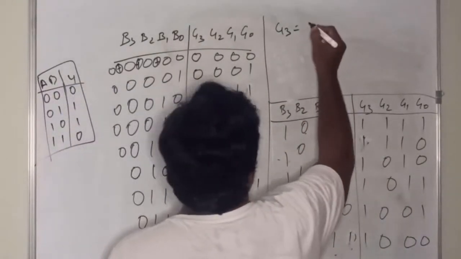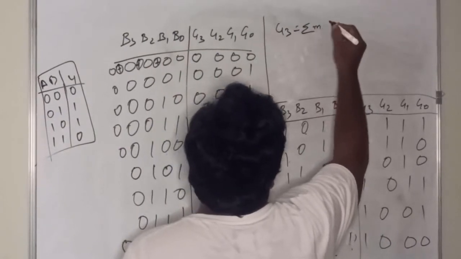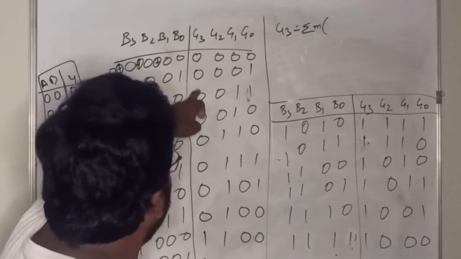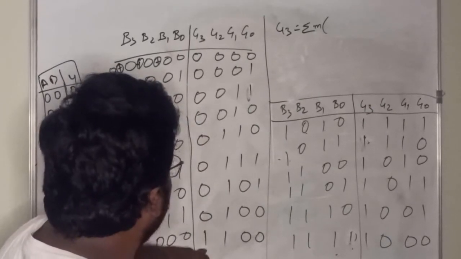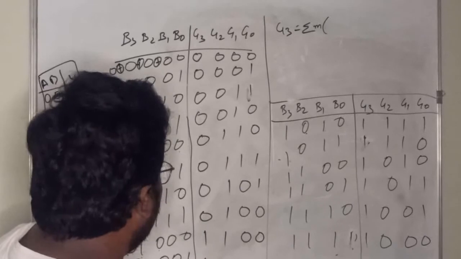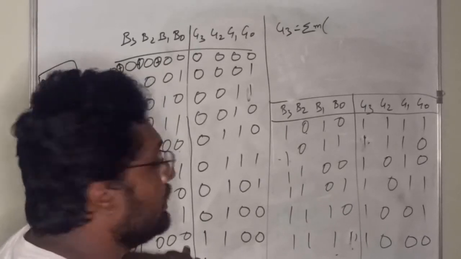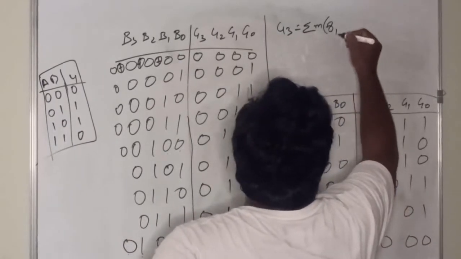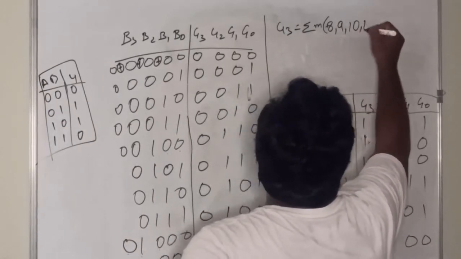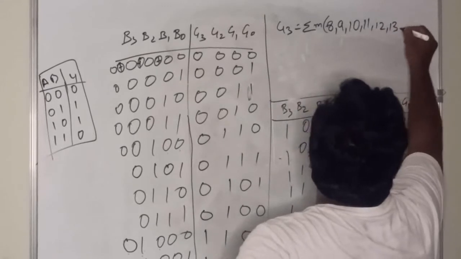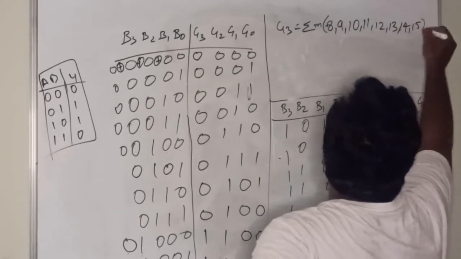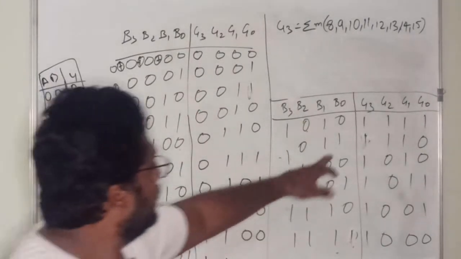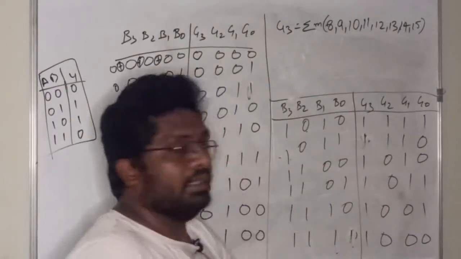Summation m of, see, when the inputs are 1 0 0 0, 1 0 0 0 means 8, right? So 8, 9, 10, 11, 12, 13, 14, 15 are the minterms for G3, right?